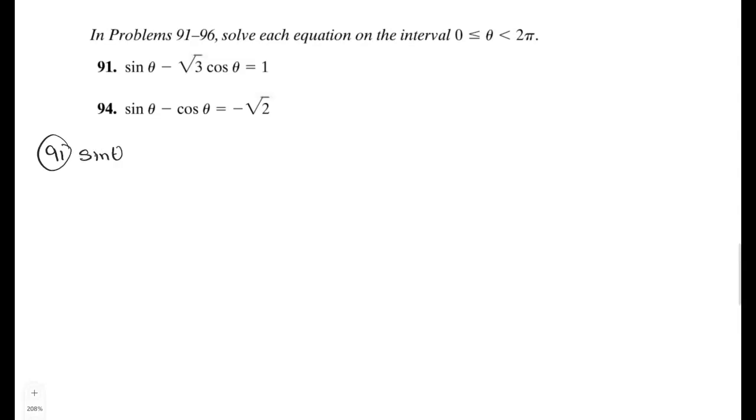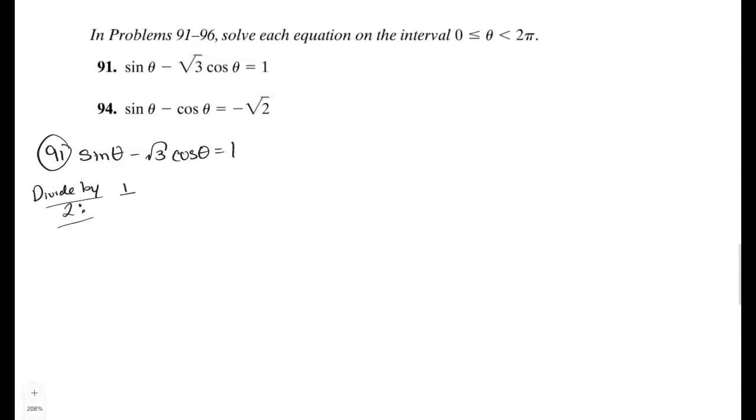We've got sine of theta minus the square root of 3 times cosine of theta is equal to 1. So I'm going to start by dividing everything by 2.